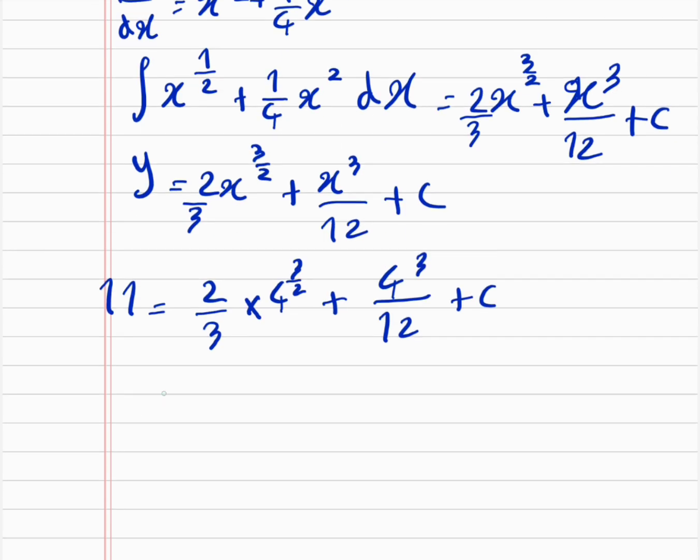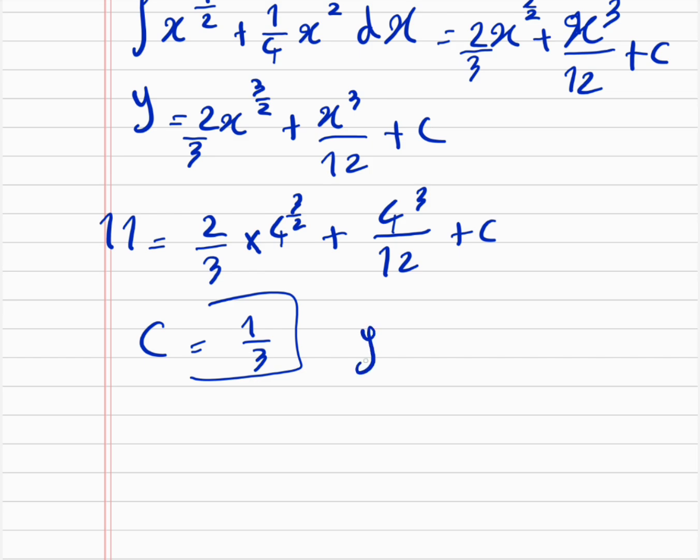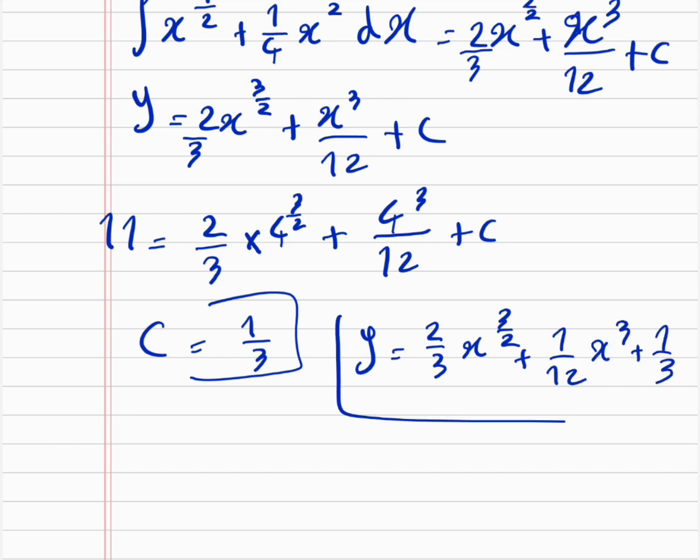Yeah, so if you solve this, you are going to get 1 over 3 for the value of c. So the equation is going to be 2 over 3 x to the power of 3 over 2 plus 1 over 12 x cubed plus a third. And yeah, so that's the equation.